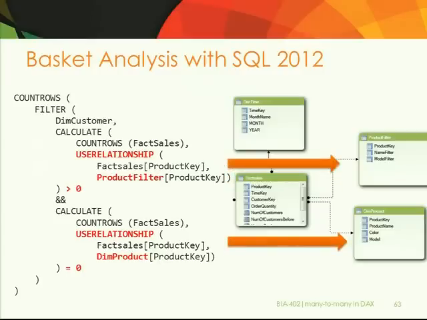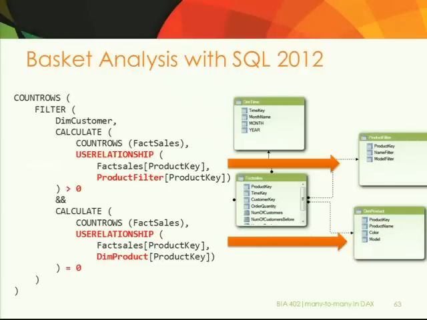It's much easier. If you compare it with the one I have shown you before, you can understand it, or at least you can have a good feeling that it does something that has to do with basket analysis, while the previous formula was just an exercise, a complex exercise to solve a problem. This is pretty easy to write, once you get used to the presence of relationships and the fact that you can activate or deactivate relationships at your needs.